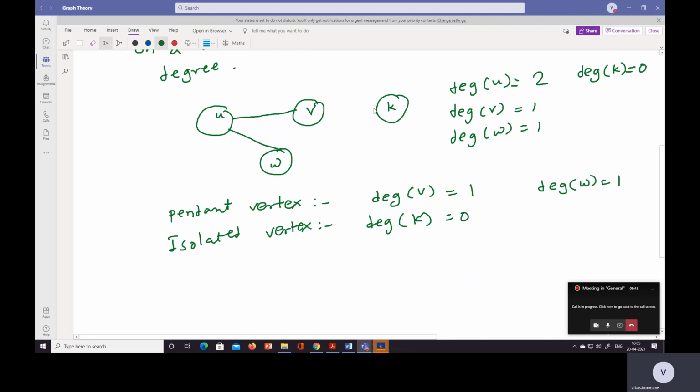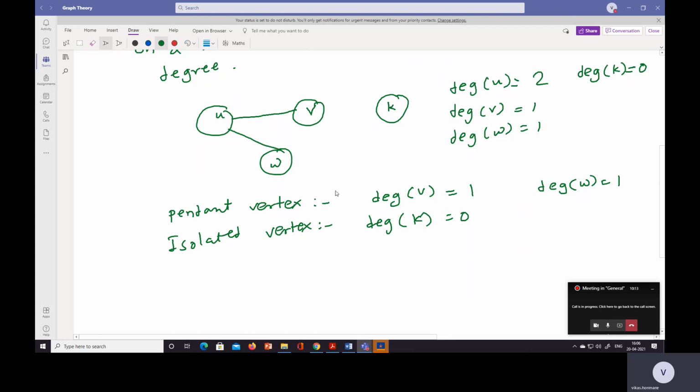Because it is not connected to any other vertex. That means it is isolated from other vertices. So from this you can get questions like find the isolated vertex, find the pendant vertex from the graph, or what is the definition of pendant vertex and isolated vertex.